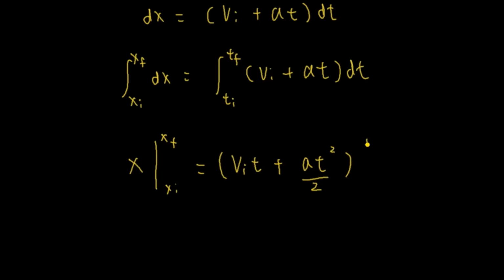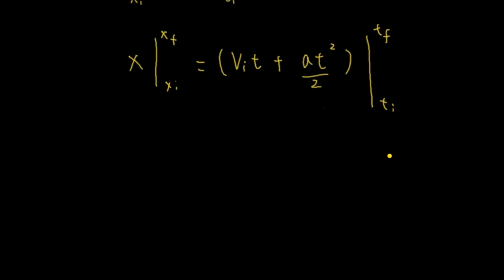And then evaluate from t initial to t final. So on this side, we just need to put in x final minus x initial is equal to, now we have to put in t final to t and also t initial to t, and then subtract each other.